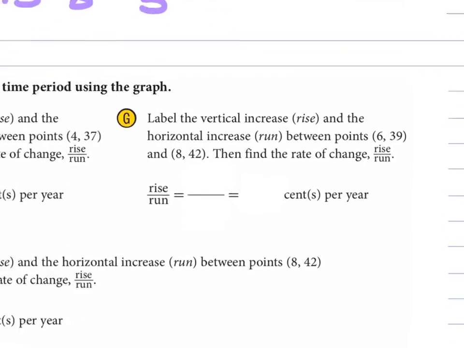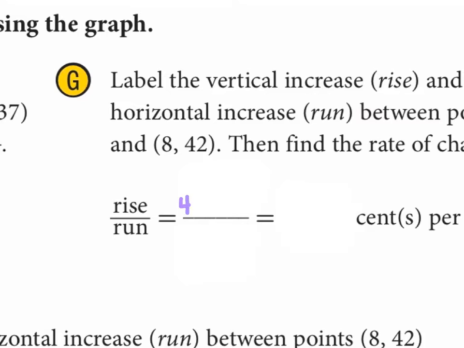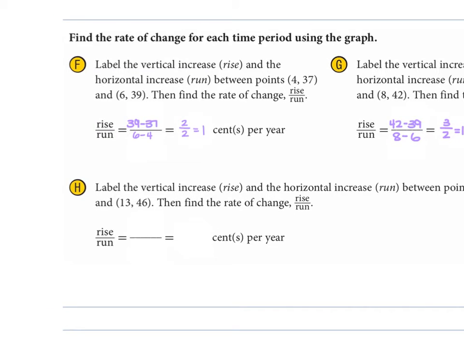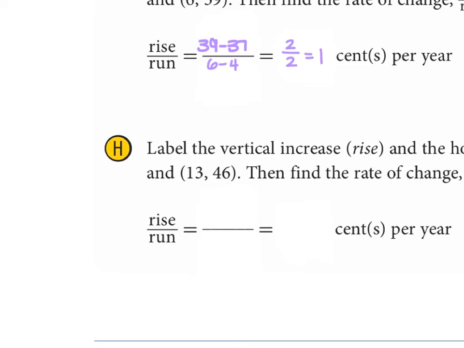For G, we have (6, 39) and (8, 42), so we're going to do 42 minus 39 and 8 minus 6. The 42 minus 39 is 3, and the 8 minus 6 is 2, which is also 1.5. So 1.5. For H, we would have the 2 points, (8, 42) and (13, 46).